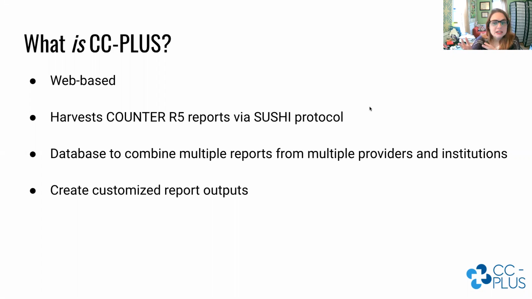So you are not limited to the views that Counter has preset with Counter 5. You're not limited to just getting data from one provider and one institution at a time. You can really put them all together. And in some degree, this is to address the lack of the consortium report in the Counter 5 standard, but it provides lots of other benefits as well that I hope we'll be showing you today.